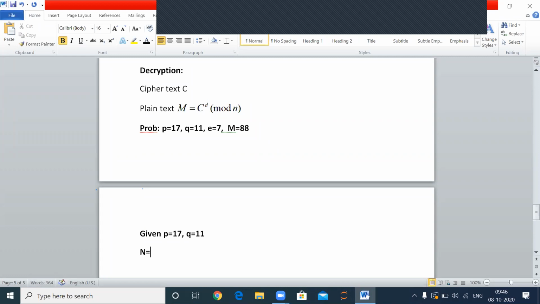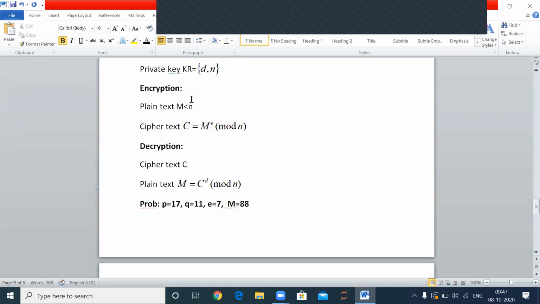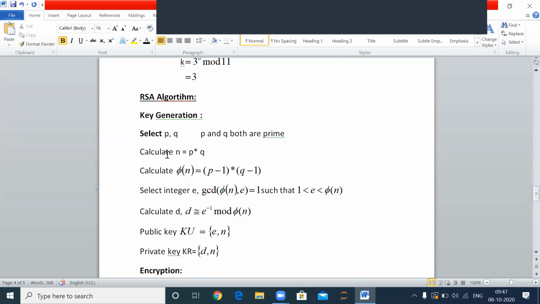So here we calculate N, that is equal to P into Q, that is nothing but 17 into 11. What is that? That is 187. Right? That is the first step we had done.